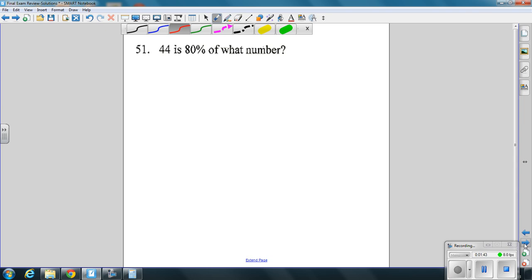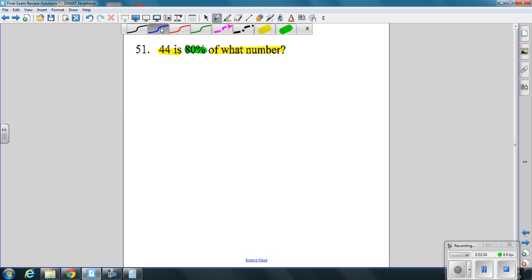Number 51: 44 is 80% of what number? So what this is saying is 44 is the number of questions you answered correct. 80% is your grade. Out of how many questions, how many problems, of what number? What's the total is what it's saying.